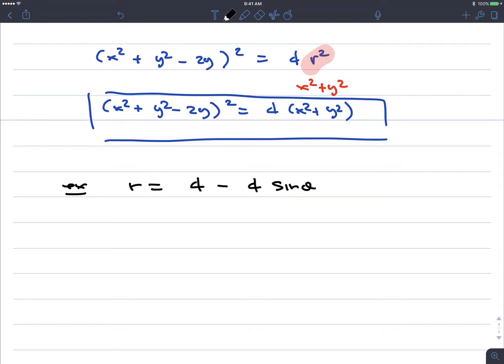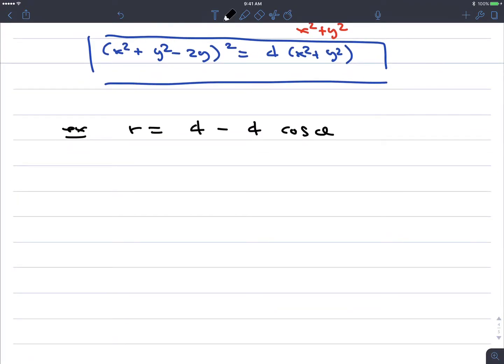Want to do sine theta or cosine theta? Doesn't matter. What do you guys want to do? Cosine. Cosine, okay. Now remember, the key here is to just graph. R is negative 4 cosine theta plus 4. Okay? You're going to graph this.